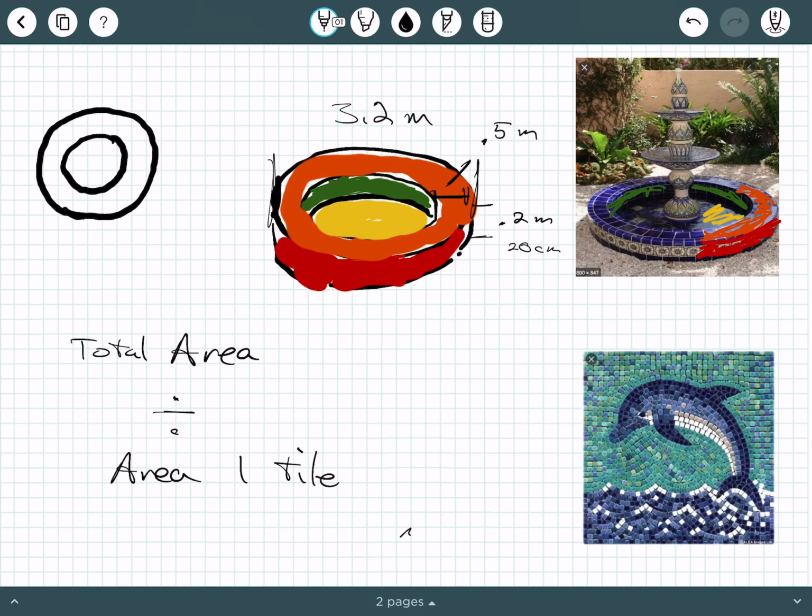And the area of one tile is going to be 0.02, I'm sorry, 0.02 meters squared. So, here we go. Pause the video, see if you can figure this out, and we'll continue.